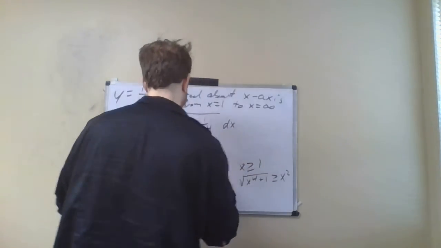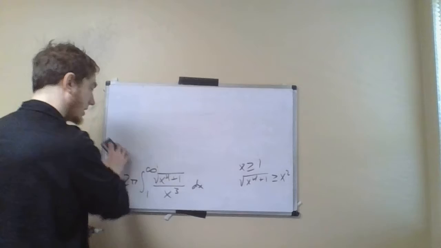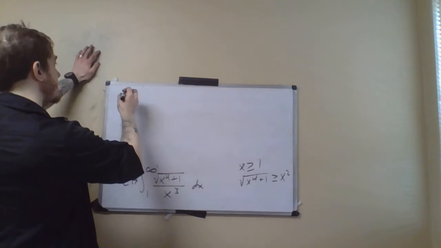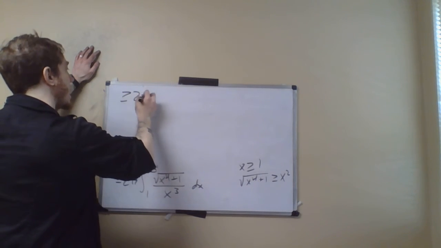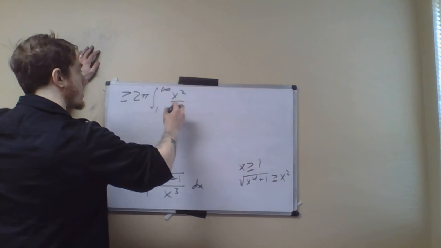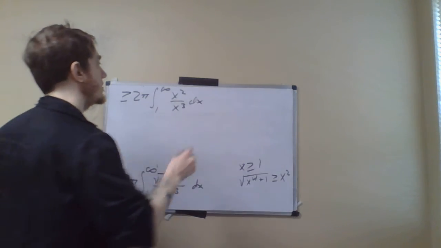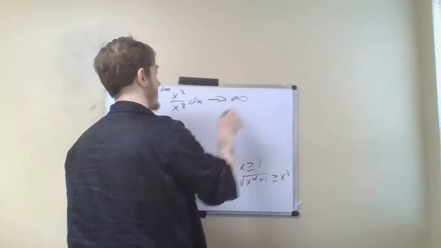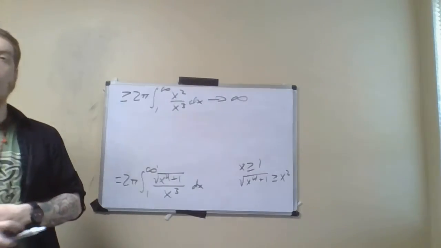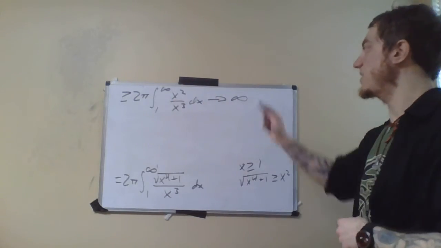So that means my integral is going to be bigger than or equal to 2 pi times the integral from 1 up to infinity of x squared over x cubed dx. But this diverges to infinity. Why? Because this is the integral of 1 over x. We know how to do the integral of 1 over x, and that comes out to be infinity here.